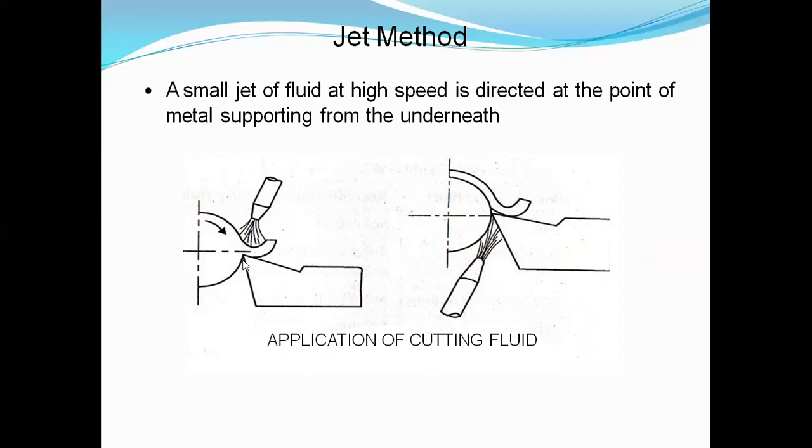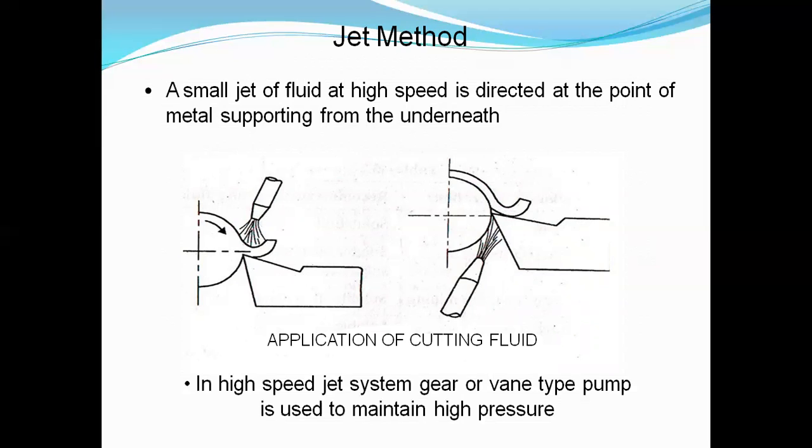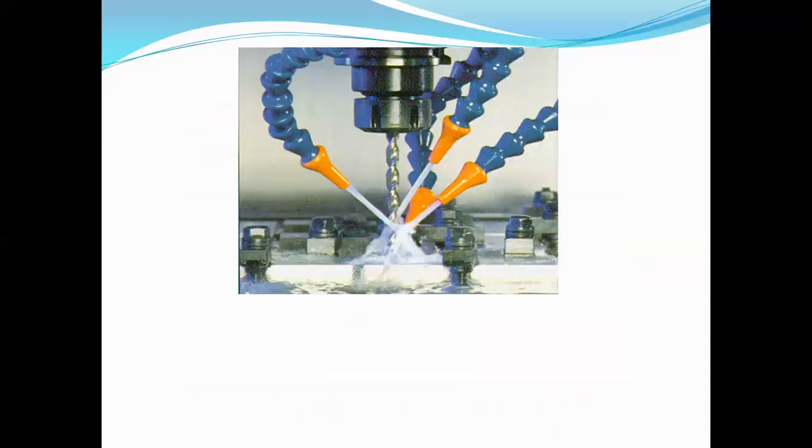So from where the metal is supporting, from there we are injecting the jet. In a high speed jet system, a gear or vane type of pump is used to maintain high pressure. So this is the jet method. This is the nozzle.